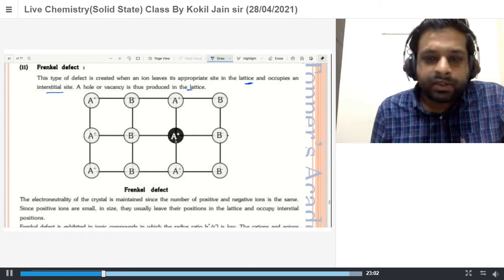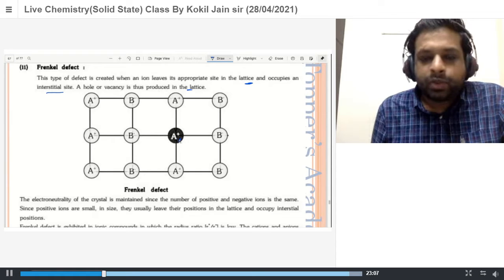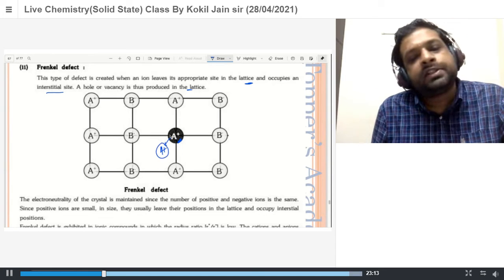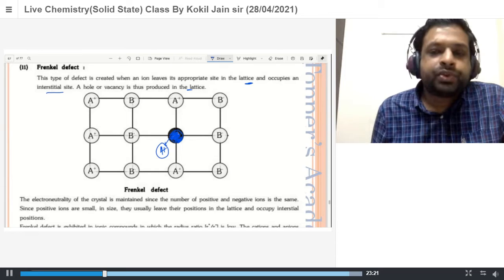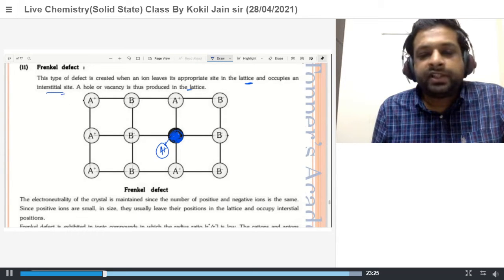If this A plus was present here, it will go to some other site like here on the side. But this site is vacant here. A plus goes to some other interstitial site. So one vacancy is produced.